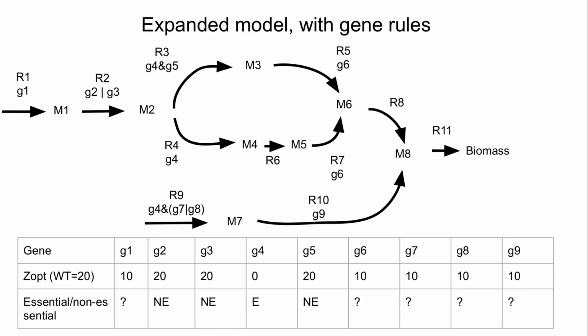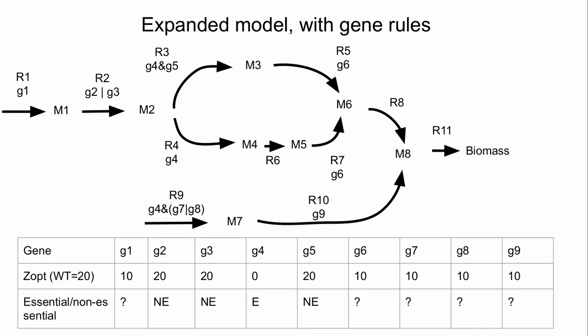So knocking out G4 will knock out R4. That will knock out our entire lower pathway here. Similarly, for R3, knocking out G4 will knock out the complex. This AND sign means that both G4 and G5 need to be present. So knocking out G4 will also be sufficient to shut down R3, and that will shut down this upper pathway.